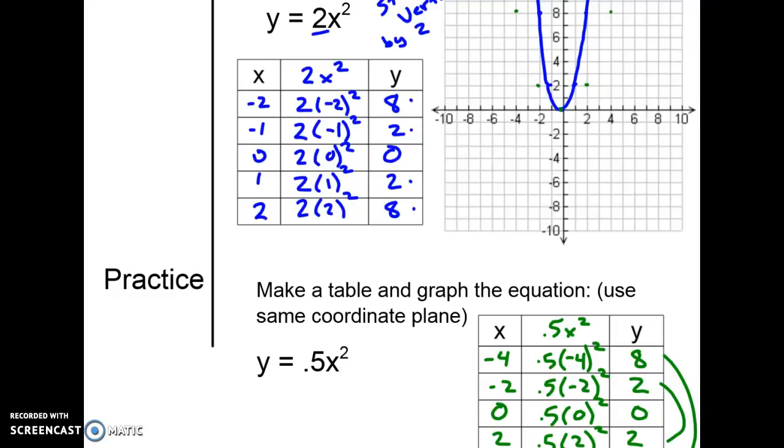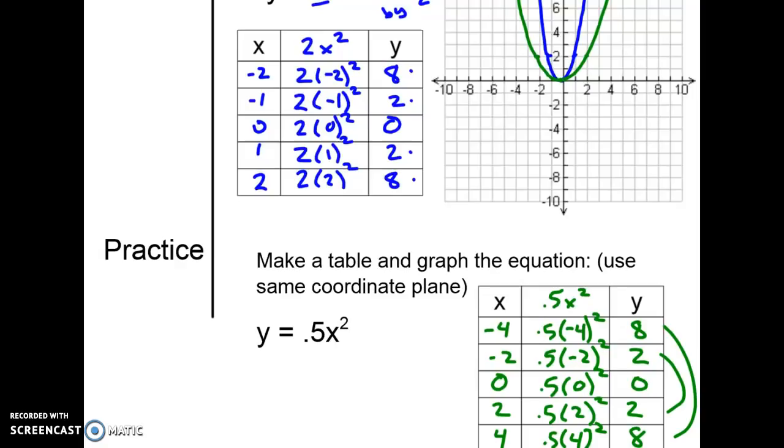And now you can see how this is a little bit wider. Not only wider than our graph, but wider than our parent function of y equals x squared. And so now we have a name for this. Okay, we would say that this shrunk. We didn't stretch.